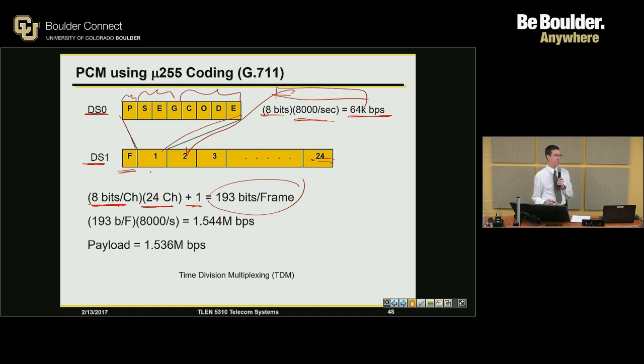I'm going to be transmitting that at 8,000 times a second because of the Nyquist rate, and that says that a DS1 is 1.544 megabits per second. You'll see that number all over in the telephone network for what's called a T1 rate. If I just want to know what the payload is, I take the framing bit off of that, and my payload is 1.536 megabits per second.